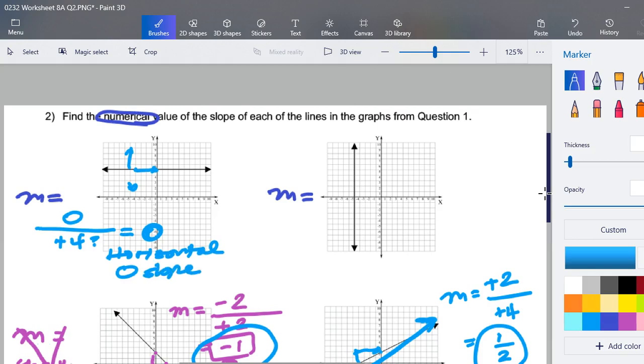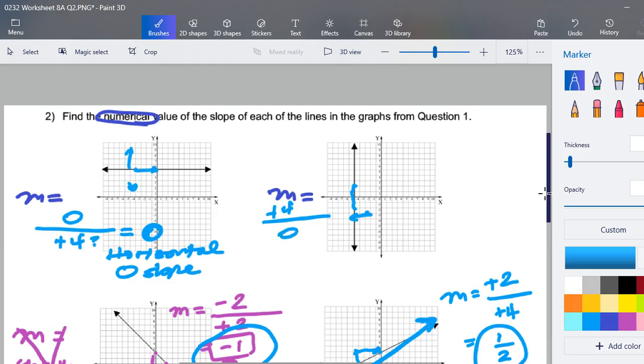No calculation needed. Let's look at this vertical line. I'm going to do the same kind of idea. Here's a dot. Here's a dot. Remember, I'm doing vertical over horizontal, rise over run. So from my dots, I go up 1, 2, 3, 4. So I went up 4. And then how much do I change left or right?